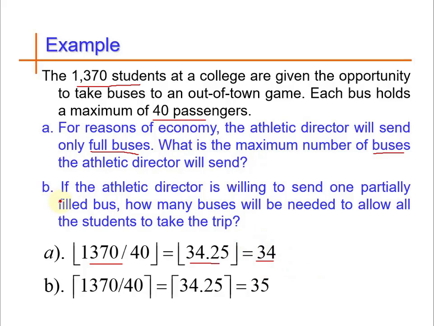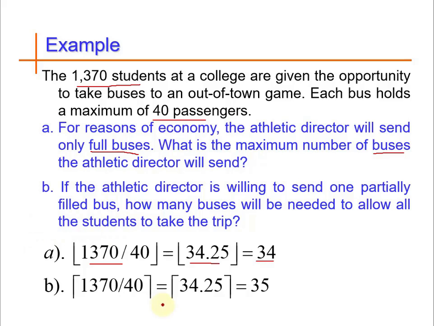And for the B part, we see, if the athletic director is willing to send one partially filled bus, how many buses will be needed to allow all the students to take the trip? So in this part, it is allowed that a partially filled bus can be sent and all students should be sent.